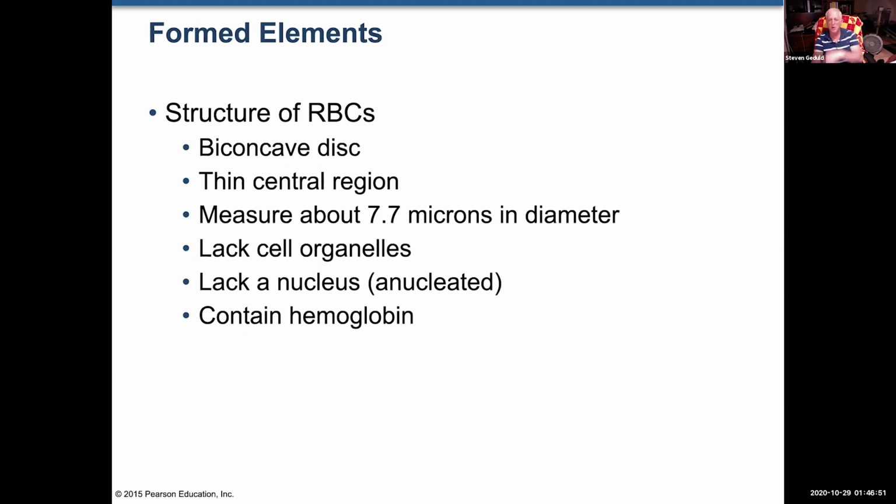It lacks a nucleus and lacks cell organelles, and it contains hemoglobin. Hemoglobin allows the bonding of iron and porphyrin rings, which allows you to bind oxygen and CO2.